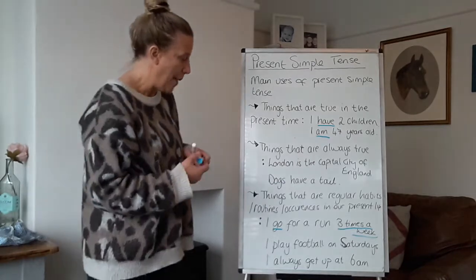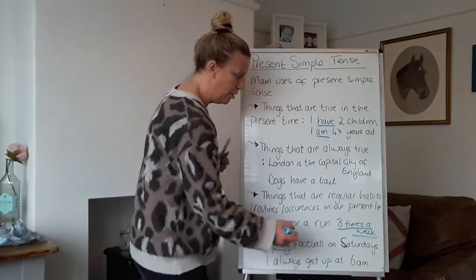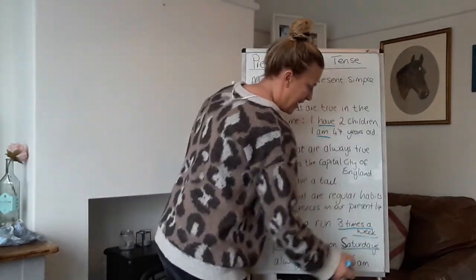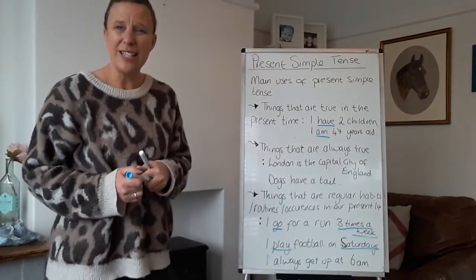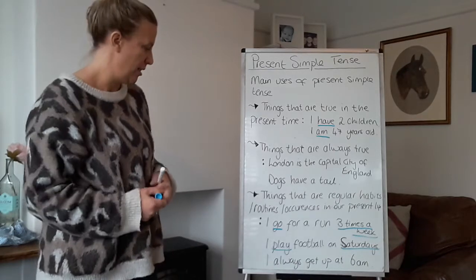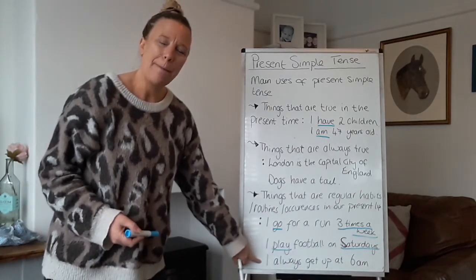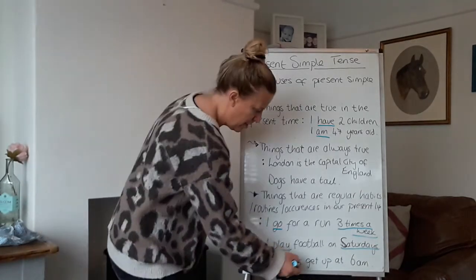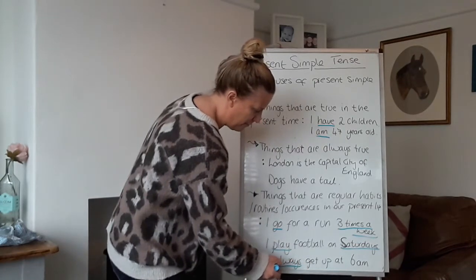Okay, so an adverb frequency, a frequency expression or adverb frequency would be always. So I play football on Saturdays. Every Saturday I play football. Okay, I play football on Saturdays. I always get up at 6 a.m. So we've got always, here's our adverb frequency.